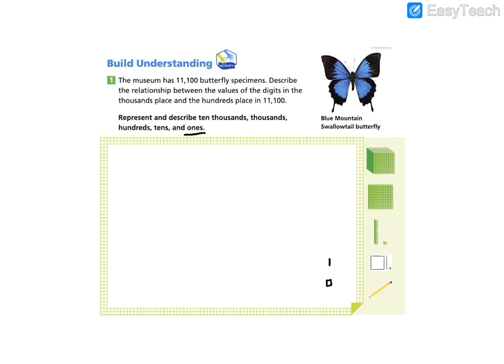The next place value that we would look at then is our tens place. We know there are 10 ones in one 10. So we're going to represent that with our little stick here, showing that this is worth 10.